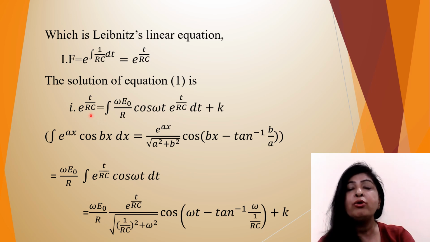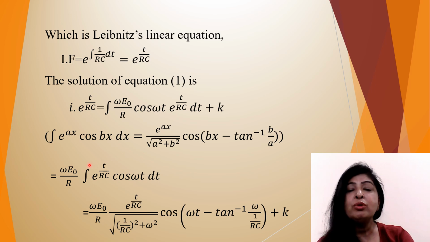So i into integrating factor is equal to the integral of E into integrating factor dt plus k, where k is the constant. Now we know this result, integral e raised to power ax cos bx dx is given by e raised to power ax divided by under root a square plus b square, cos of bx minus tan inverse b by a.